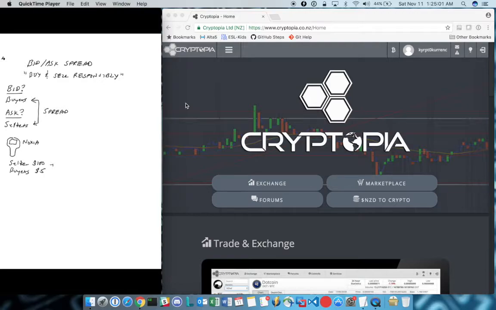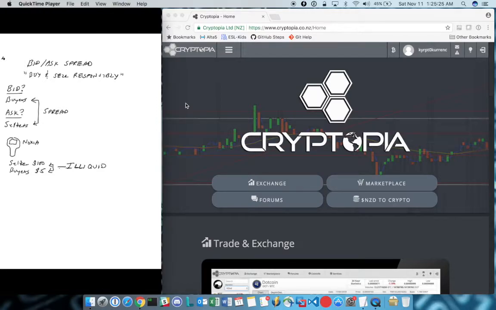Because there's a large spread for this particular product, that is a $5 and $100 spread, that bid-ask spread is so wide, you would consider this Nokia phone to be highly illiquid. Okay? This is an illiquid product. That is, it is not liquid.